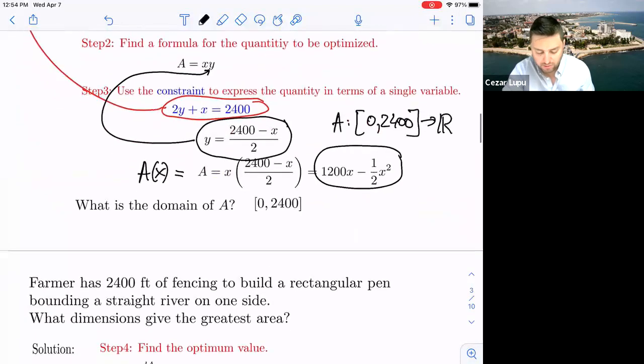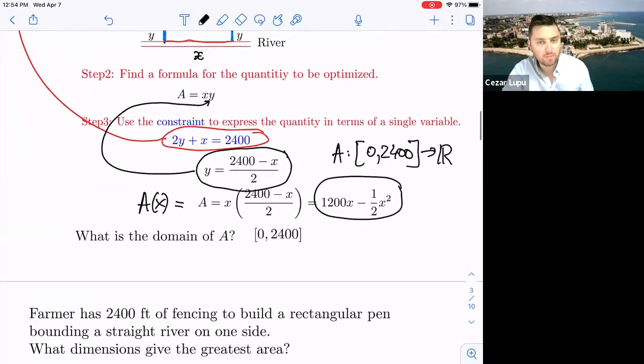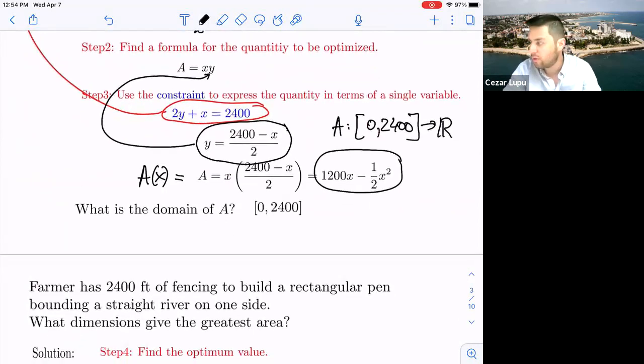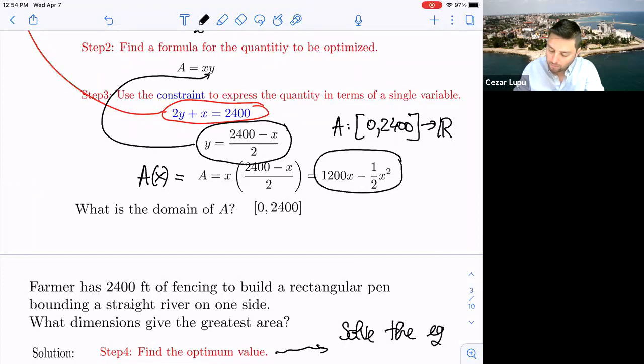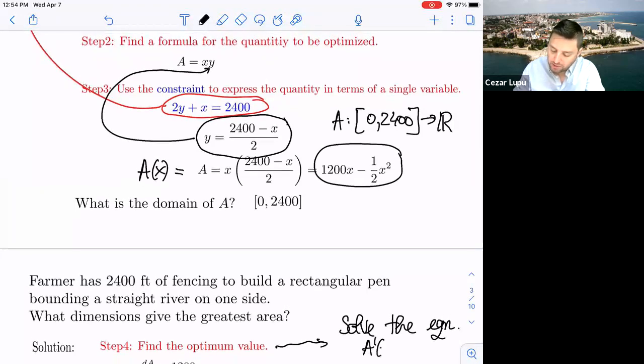So let's do that. This is step 3, where we set up the problem. We know what the function is. Now in step 4, we need to find the optimal value. To do that, we need to solve the equation A prime of x equals 0.